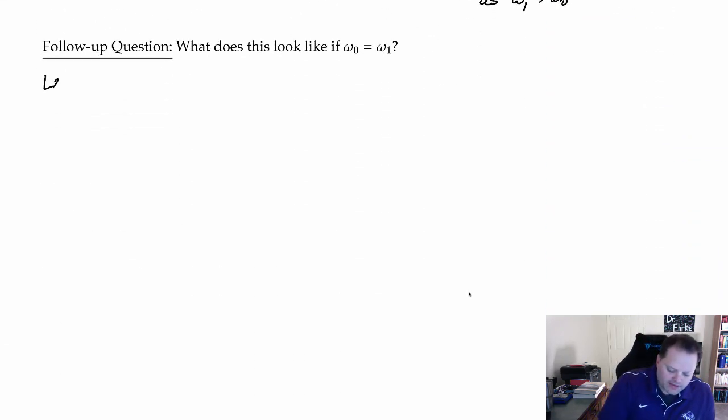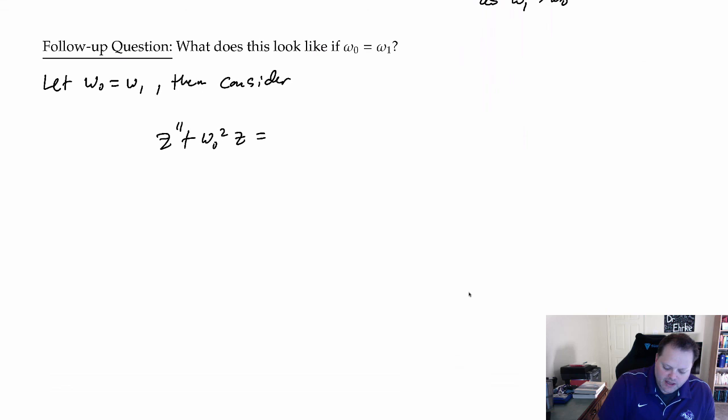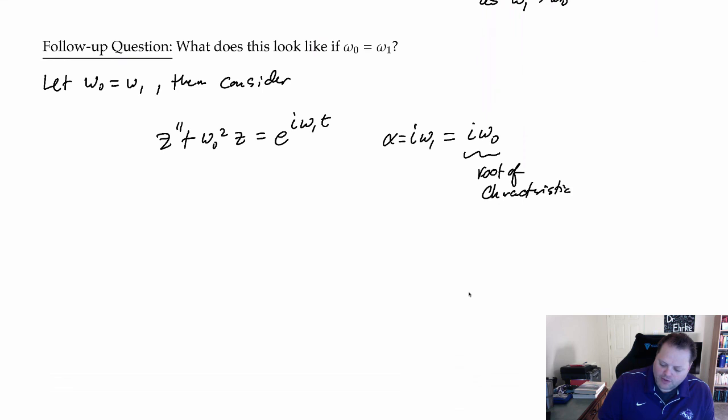So let omega naught equal omega 1, then consider that if we have z double prime plus omega naught squared z equal e to the i omega 1t, then i alpha, which is i omega 1, actually equals i omega naught, which is a root of the characteristic equation, which means we're in the case where P of alpha is 0.